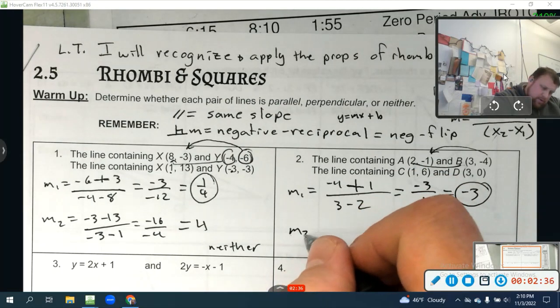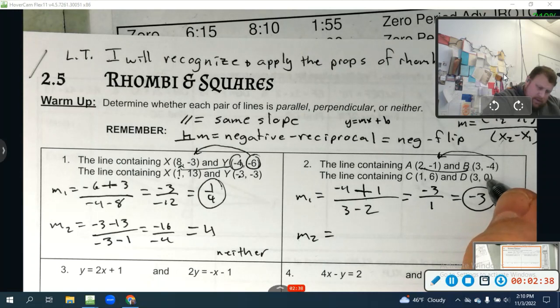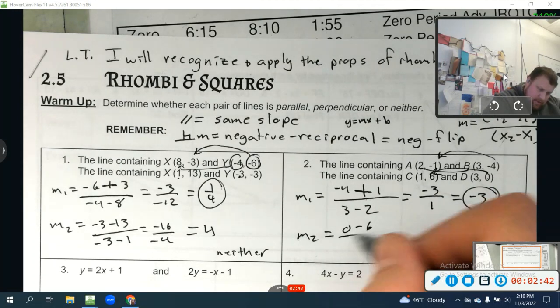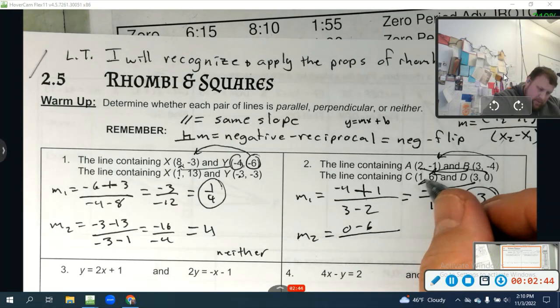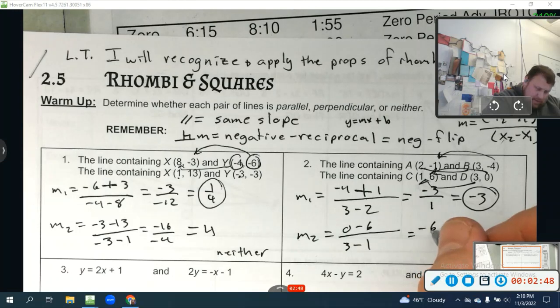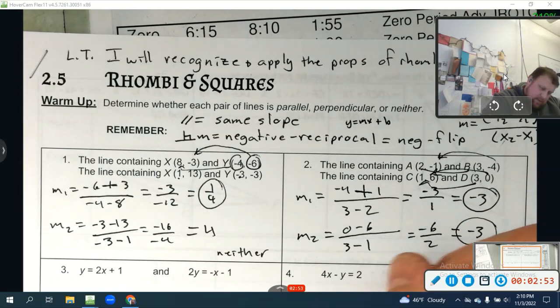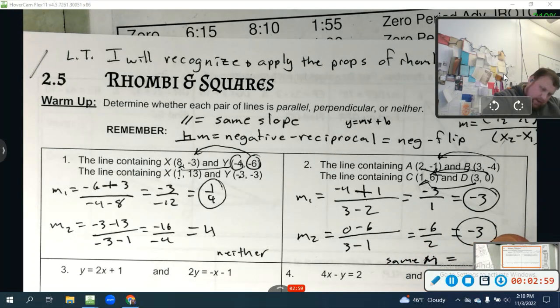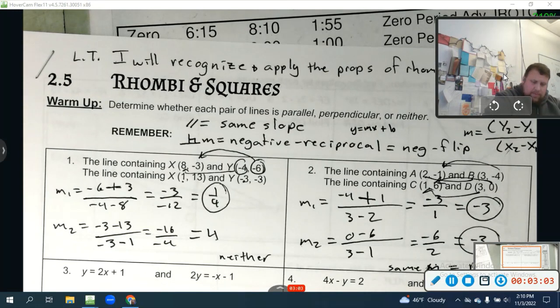And slope 2 is 0 minus 6 all over 3 minus 1. Equals negative 6 over 2, which equals negative 3. Same slope. Parallel. So it means they are parallel.